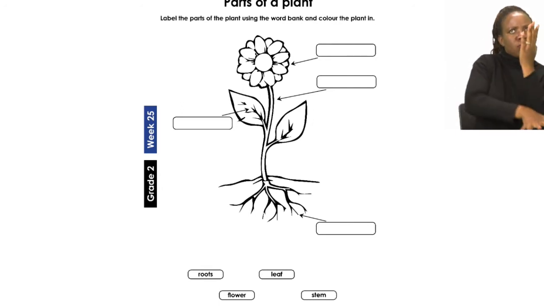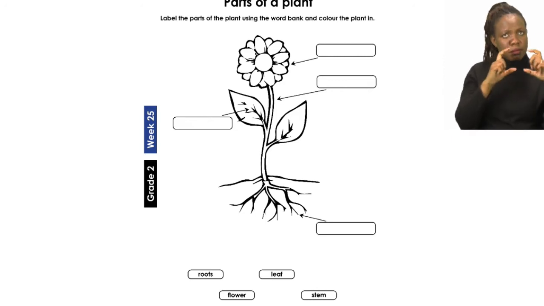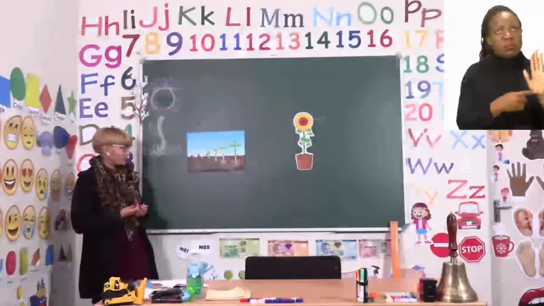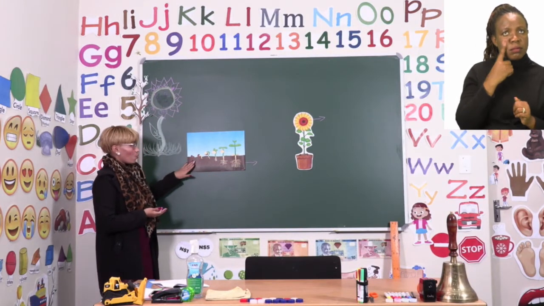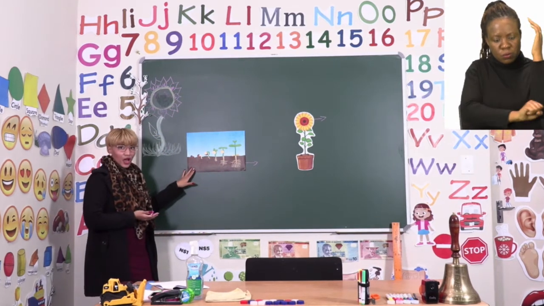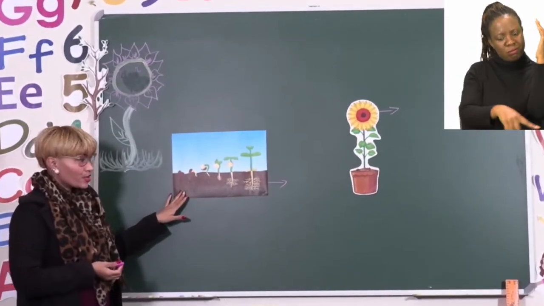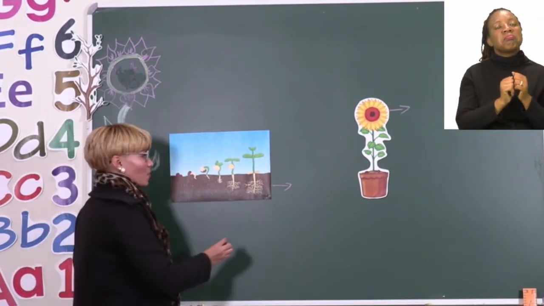Okay, now I have two pictures on the board where I want us to identify the parts here. If we have a look at this picture, what do we call the part underneath the ground? What do you think this part is called? That's right, everyone.